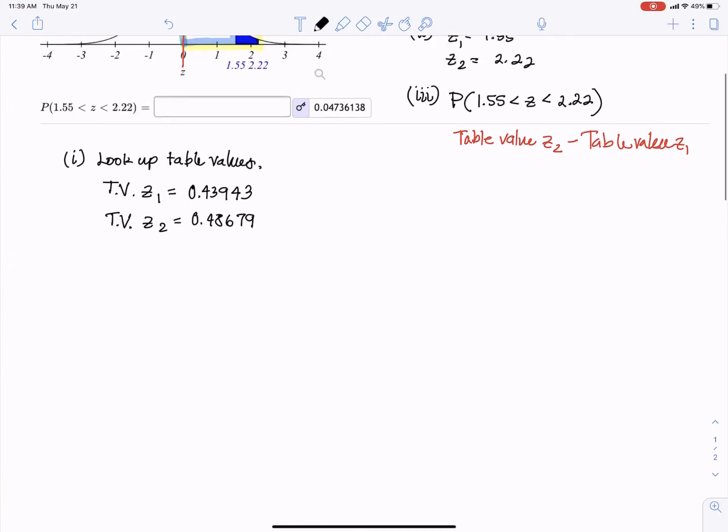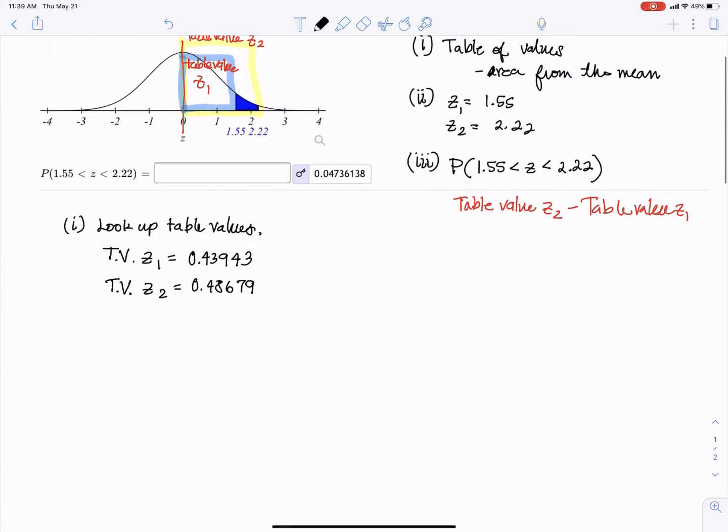Okay, and the second part here is going to go ahead and find the area. So the area between these two z-scores, or in other words probability, we use this intermittently when it's the normal distribution, and all we're going to do is take table value for z sub 2 and subtract table value for z sub 1.